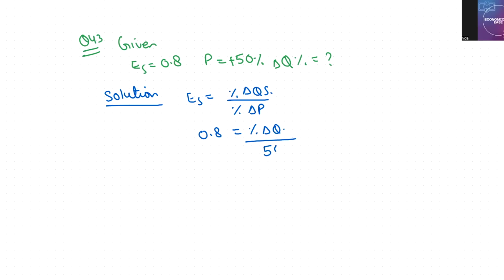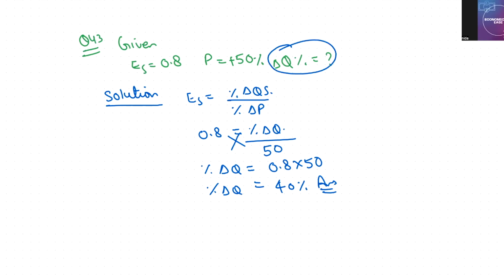So what we will do, cross multiply: percentage change in quantity equals 0.8 into 50. So percentage change in quantity supplied will be 40%. This is your answer. Okay. Because they want it in percentage, and the percentage is already given, so we will just write the formula and then you can get the answer.